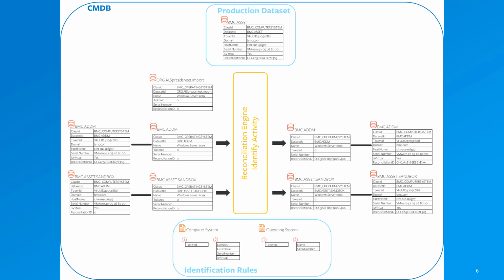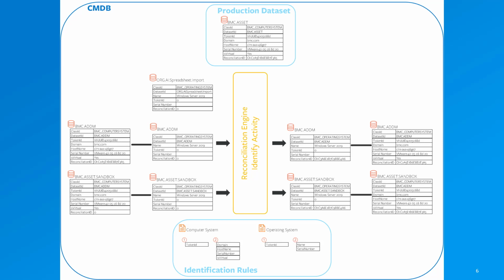To understand the identify process, here is a scenario where an operating system record is found in 3 different data sources. The first data source, org AI spreadsheet import. This record was imported using a spreadsheet that Atrium Integrator collected.